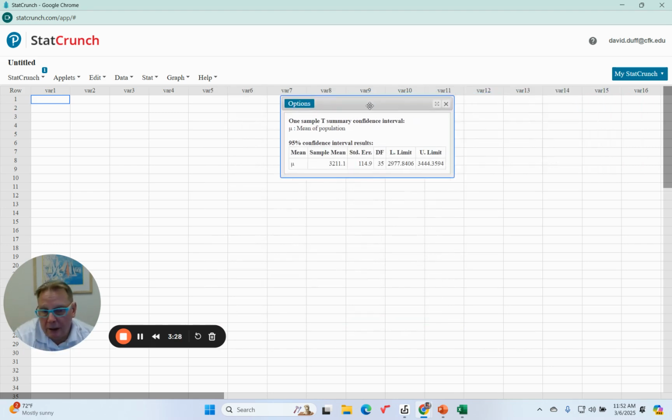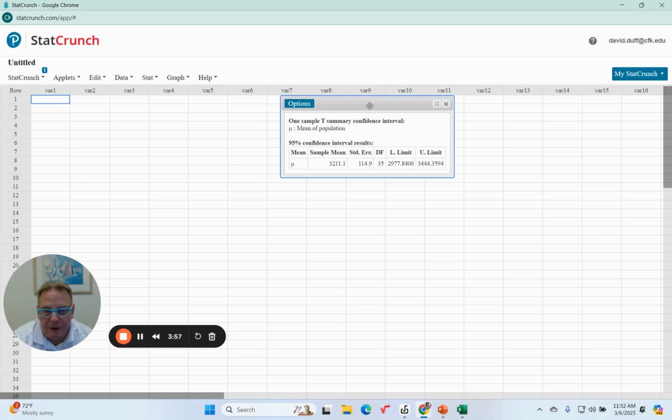Here we have everything we need to answer any questions about this particular confidence interval. Our limits are 2977.8 to 3444.4 if we round to one decimal. Our sample mean, which is our point estimate, is 3211.1.